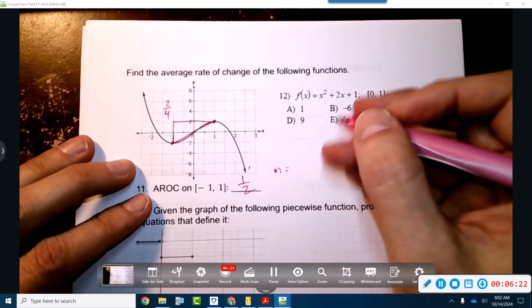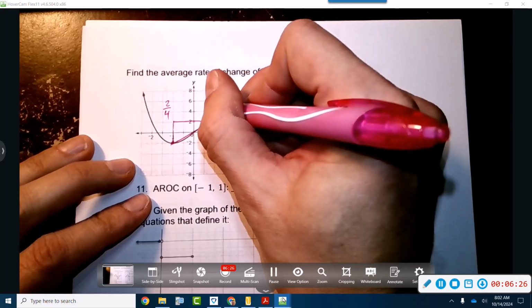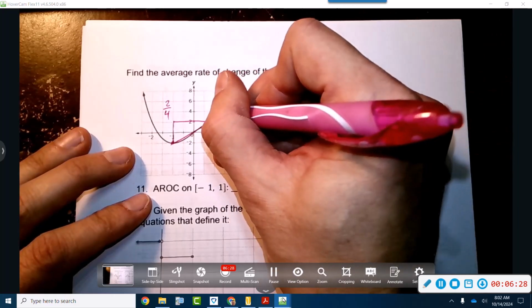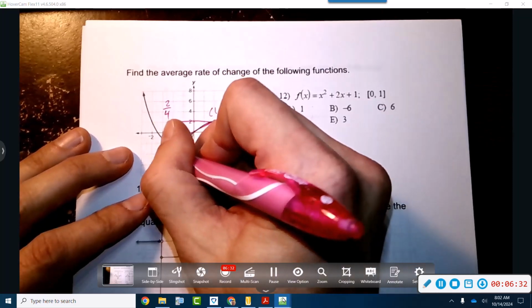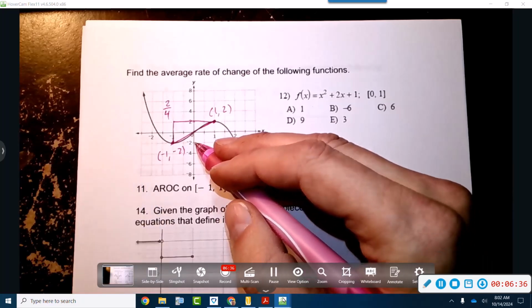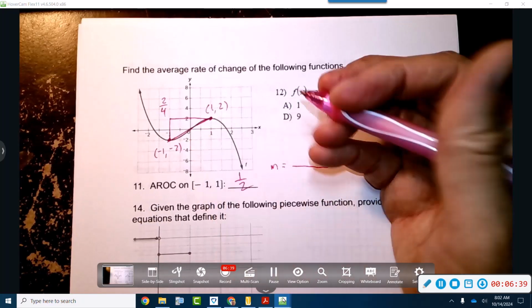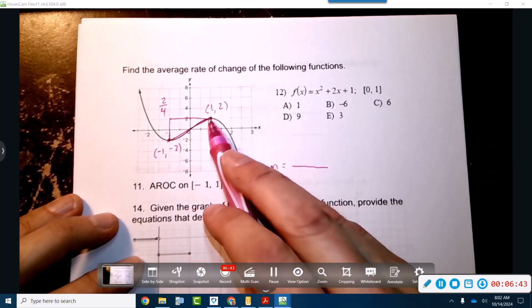Now, if you needed to use the slope formula, then it would look like this. M equals the first point, this would be x1, y1, and this would be x2, y2. Oh wait, these are going by 2's. Okay, I'm glad I stopped that. This is tricky.